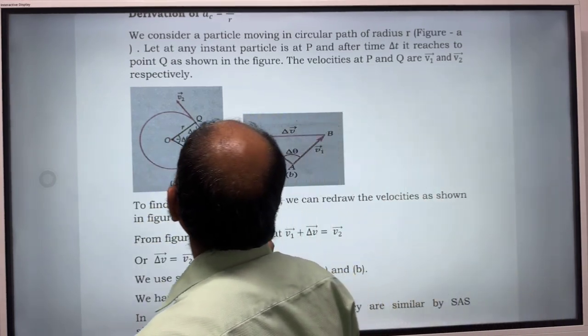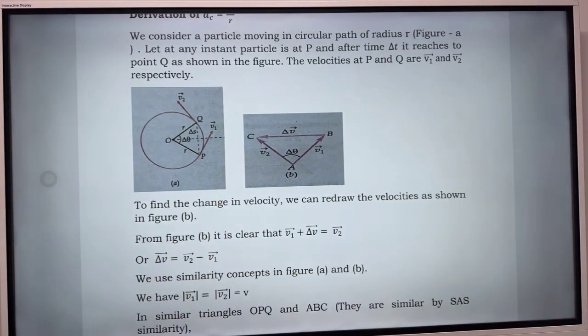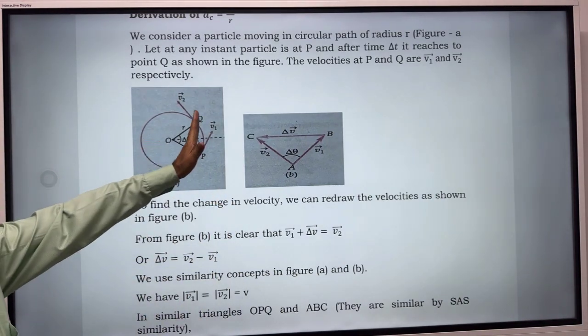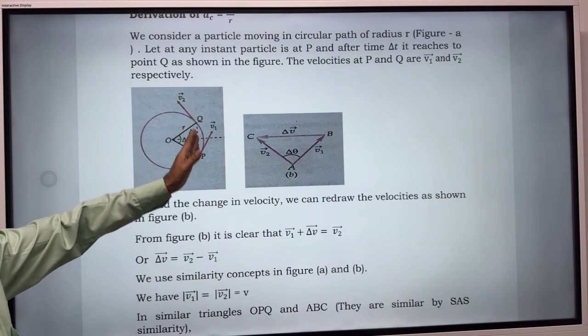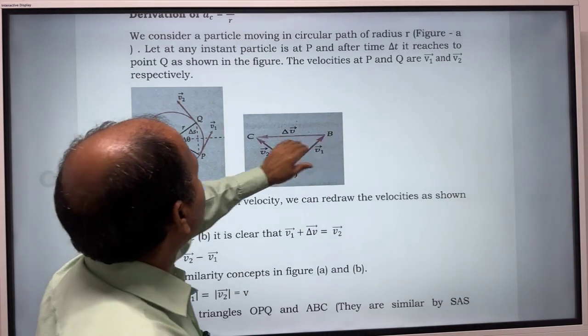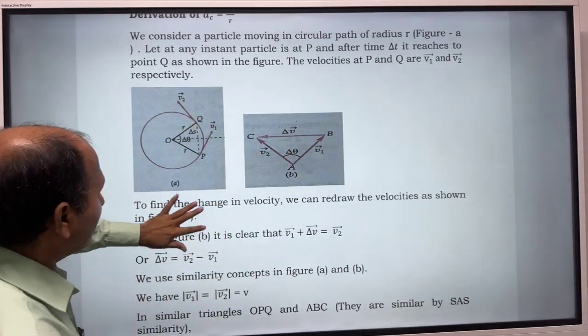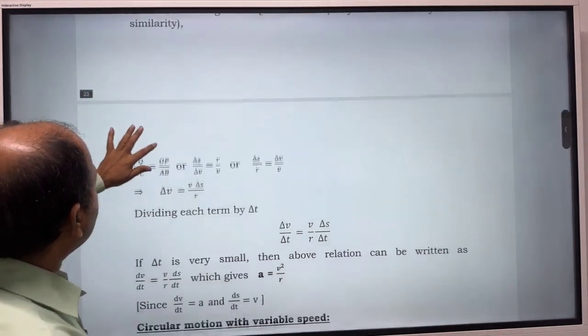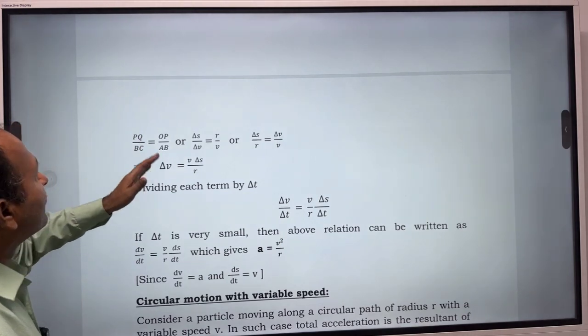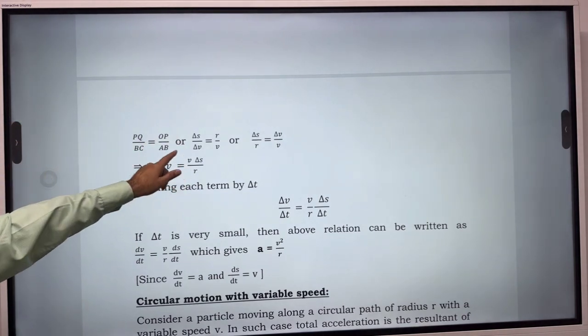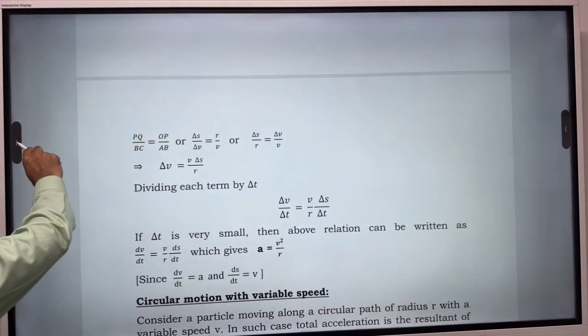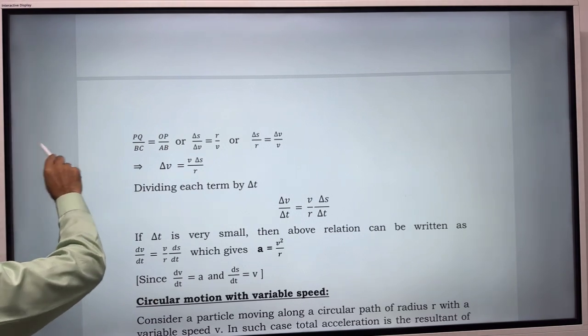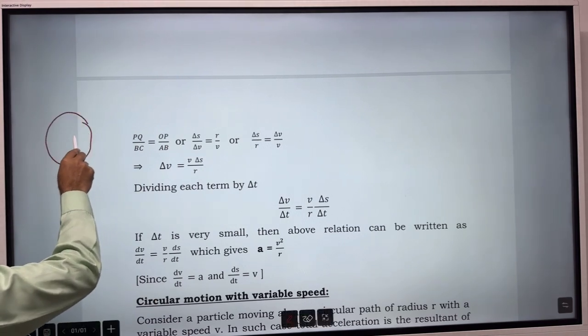If they are similar, then the ratio of the sides will be the same. So we can also say that PQ will have the same ratio as BC. PQ upon BC equals OP upon AB, and PQ is that displacement, this portion in this figure.